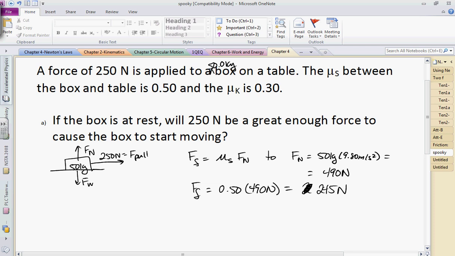And so what we see from this is that the force of friction is 245 newtons. The force we're applying is 250 newtons. So since 250 newtons is greater than, well, in this case it's greater than, if it was equal to, it would also start to move. So since 250 newtons is greater than 245 newtons, the box will indeed start moving.